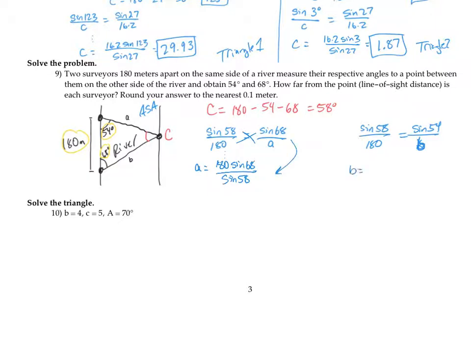B is going to be 180 sine of 54 divided by sine of 58. So this one gives me 196, and it asks for the nearest 0.1 meters, so I'm going to go one decimal place, 0.8 meters. And this one, from my calculator, I get 171.7 meters.